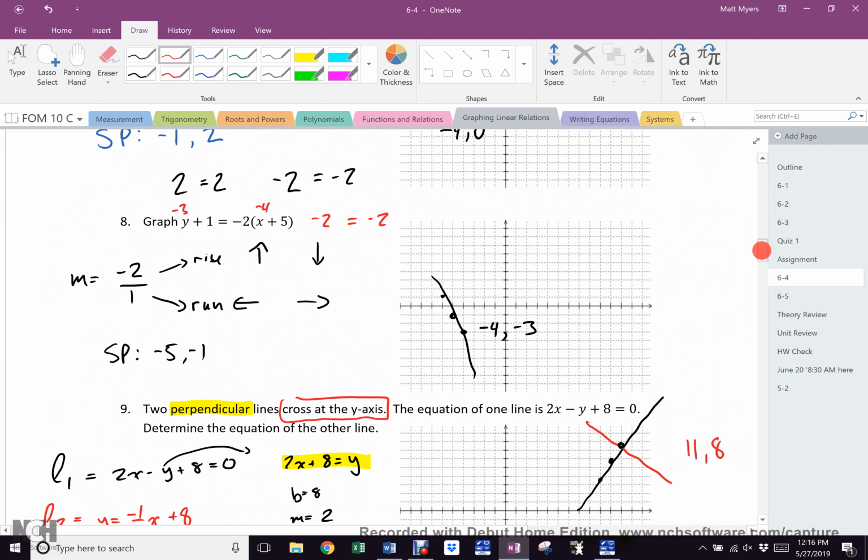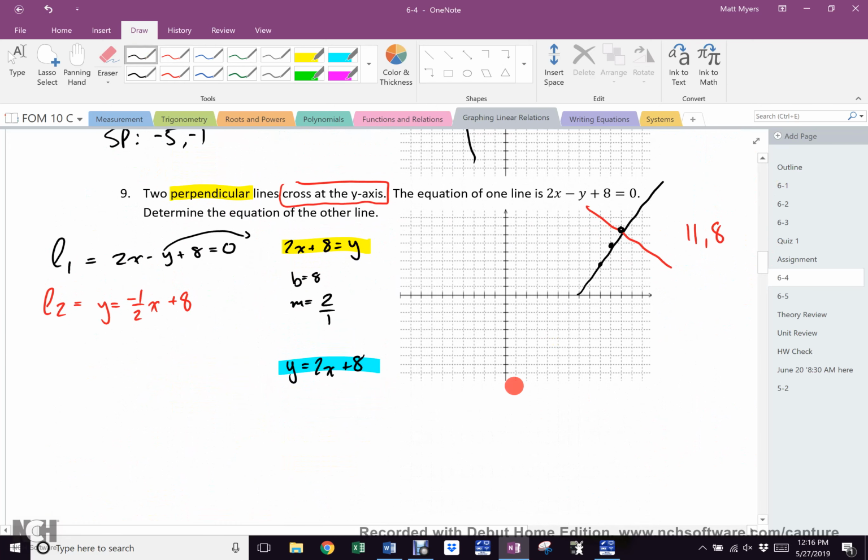What is line 1 now? And what is line 2? Yep.